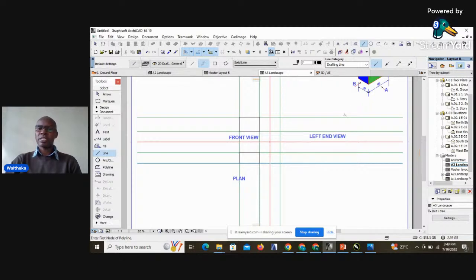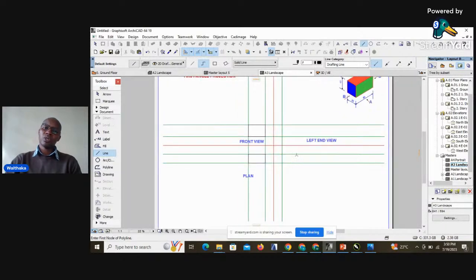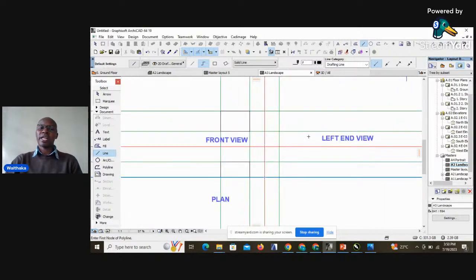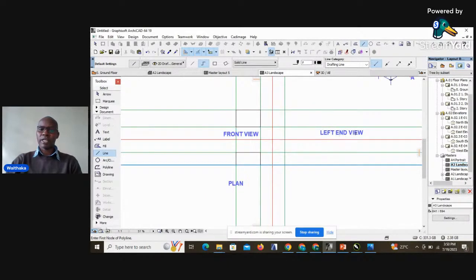And for this case, because we were required to generate the end view from our left hand side, in first angle projection it will be positioned to the right hand side of the front view. Therefore, it will be placed at this position where we had indicated earlier our left end view.